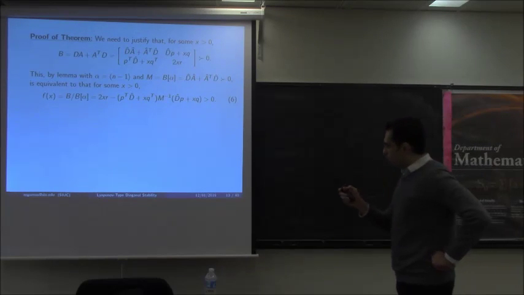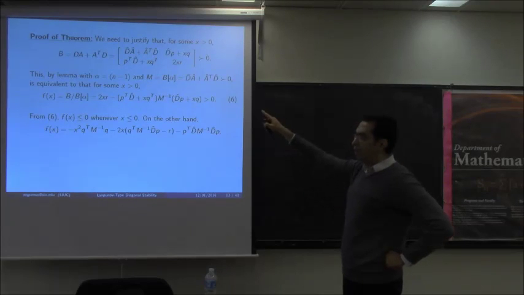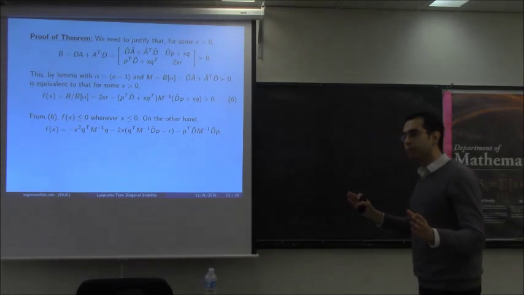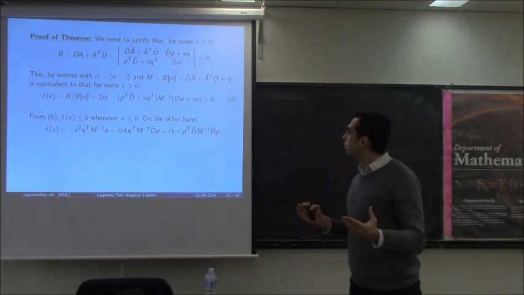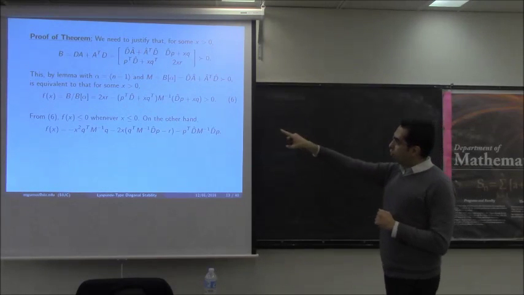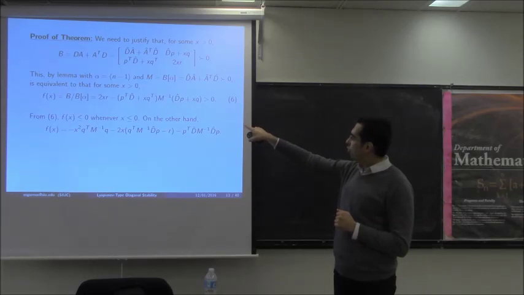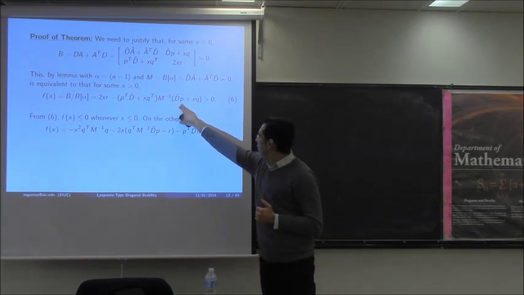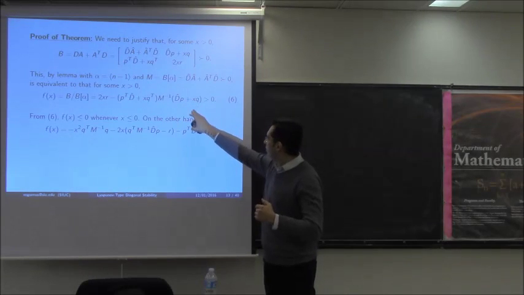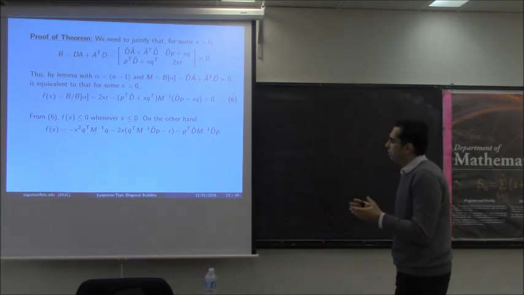The first observation here is that M is a positive definite matrix. So that means M inverse is also positive definite. So the second term in f(x) is always a non-negative number. If this vector is not 0, then it is always positive. But if it is 0, then we get a 0 value.